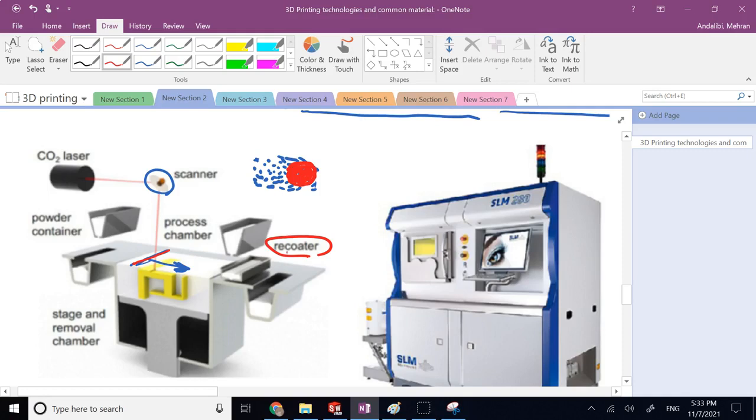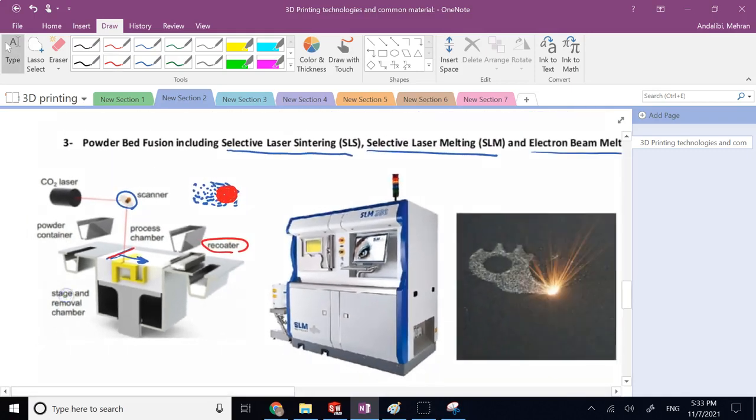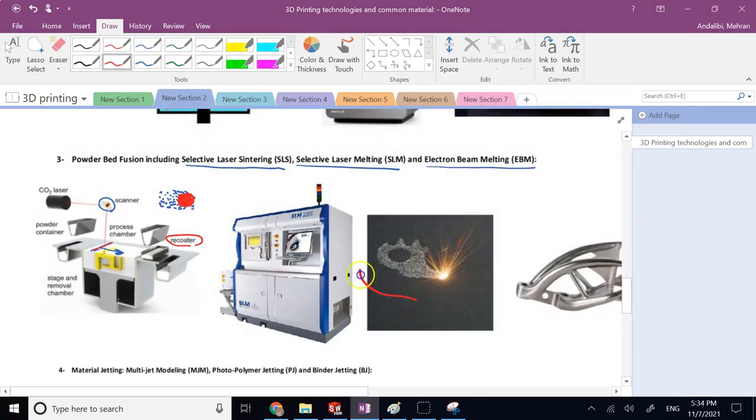Now, this technology has pros and cons. One of the major pros is that it can print metals, because you can convert your metals into powder. So this is the technology for printing metals.